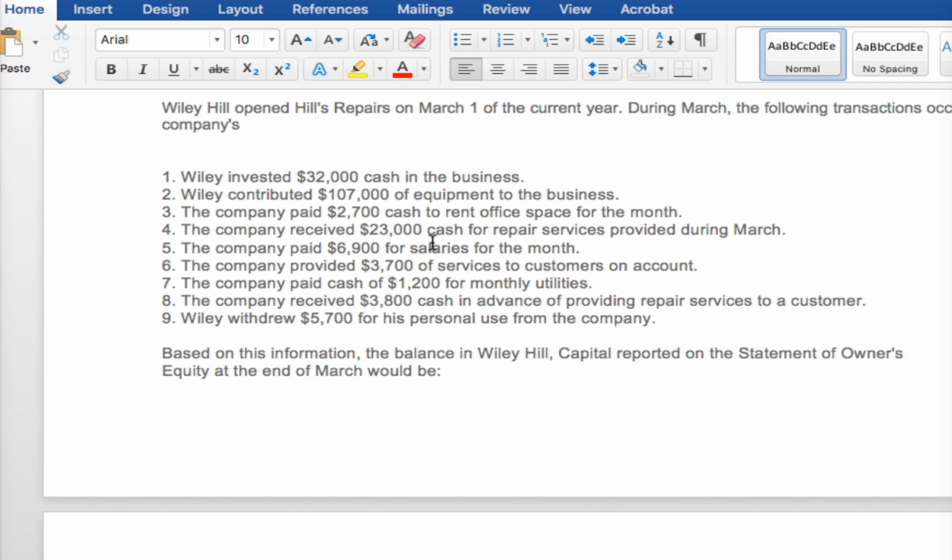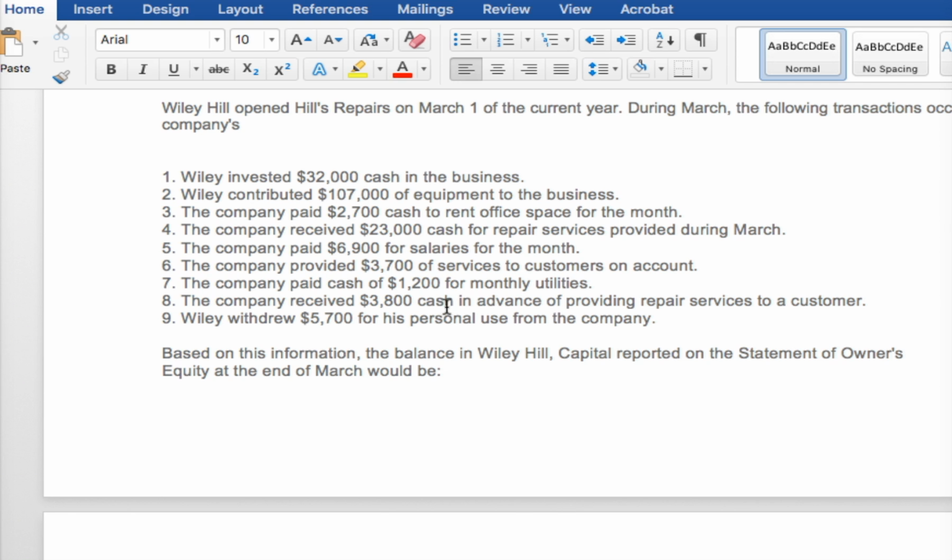Received cash here for services provided, that's revenue. Paid $6,900 salaries, that's an expense. Provided $3,700 of services to customers on account, that's revenue because we provided services. Company paid cash of $1,200 for utilities, that's an expense.